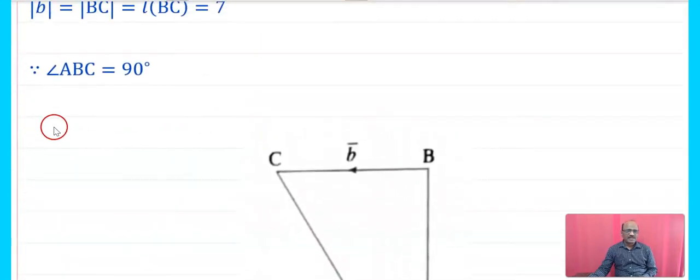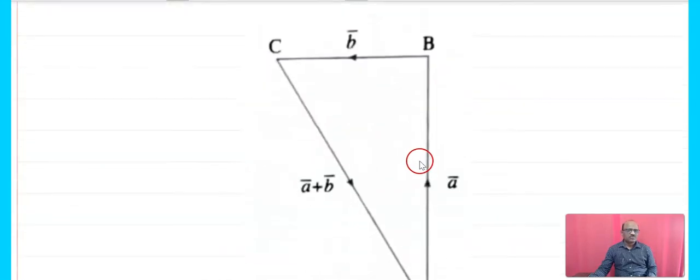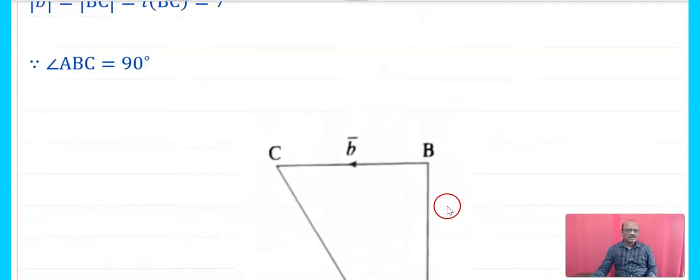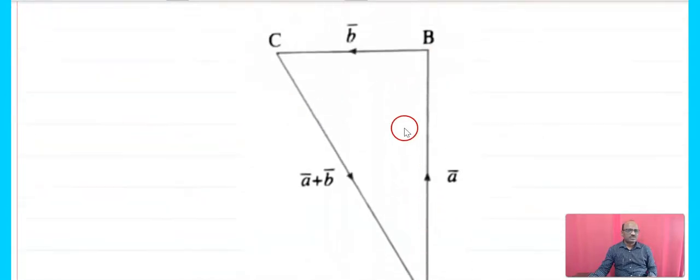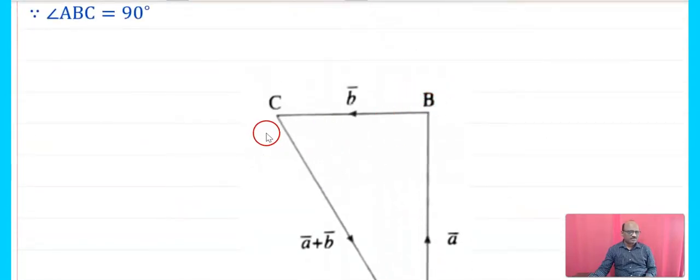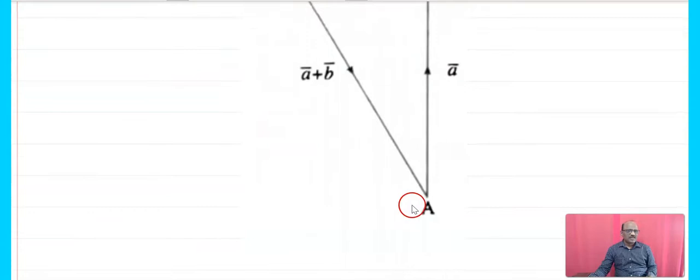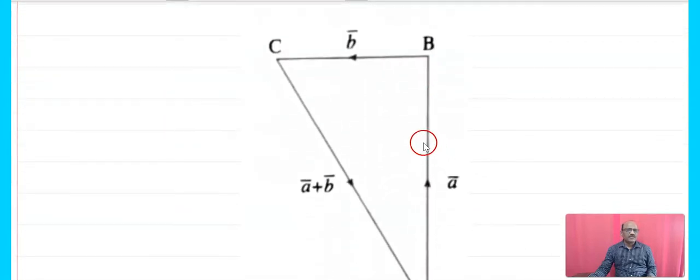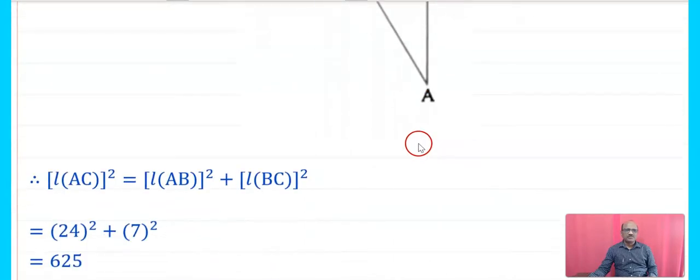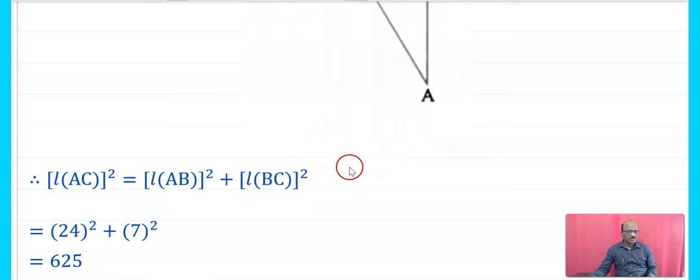In triangle ABC, the measure of angle B is equal to 90 degrees. Here A to B is north and B to C is west, and therefore AC bar is equal to a bar plus b bar.